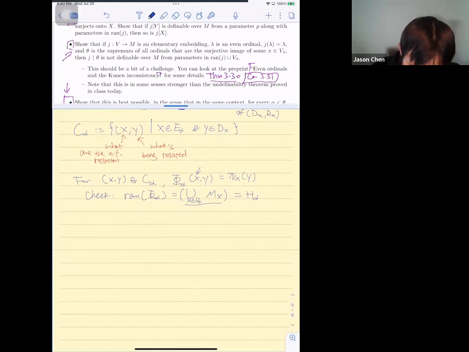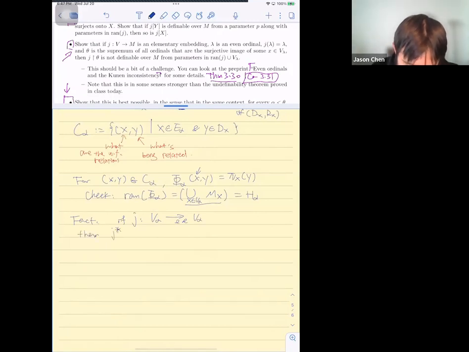So, fact: if J is an elementary embedding going from V alpha to V alpha, then this function J star, defined as taking as input something in H alpha, will do the obvious thing.